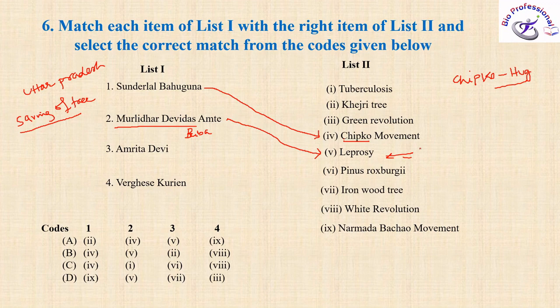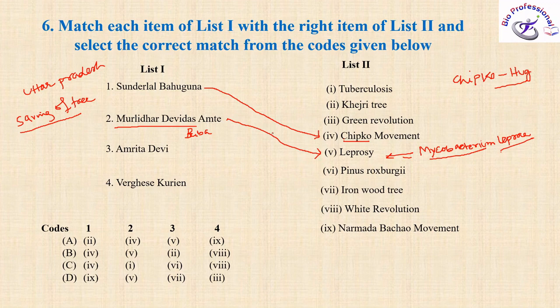Leprosy is a bacterial infection caused by Mycobacterium leprae. It affects the skin, the respiratory tract, and the lining of the nose. It can also affect the nervous system. So Murlidhar Devidas Amte is related to leprosy.